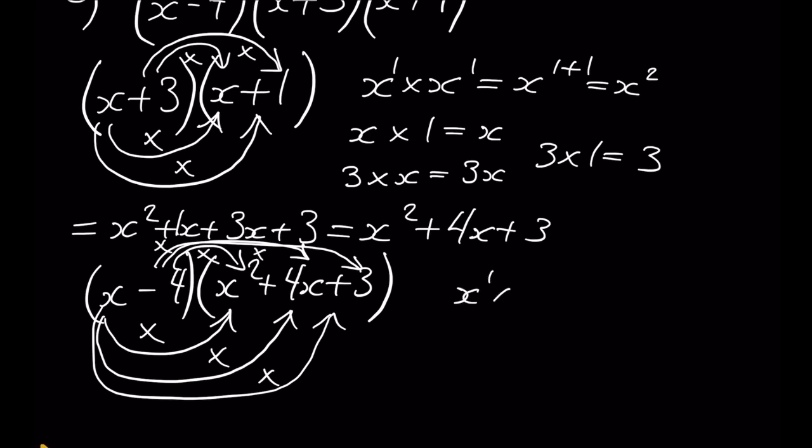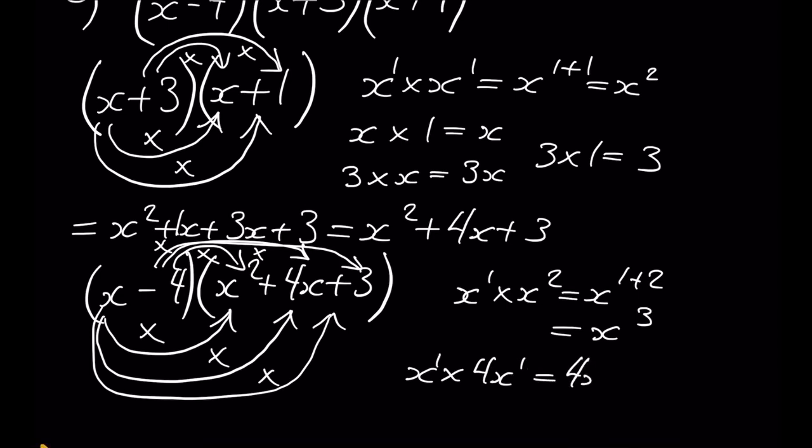We get x times x squared, which is equal to x to the power 1 plus 2, which is equal to x cubed. We've also got x times 4x, which is equal to 4 multiplied by x raised to the power 1 plus 1, which is simply 4x squared.